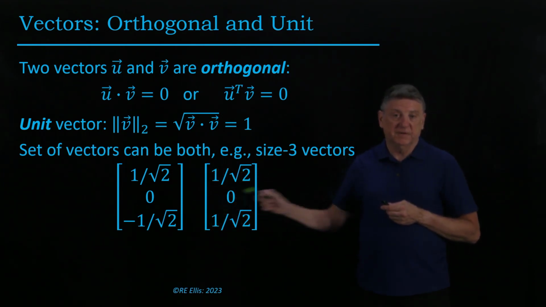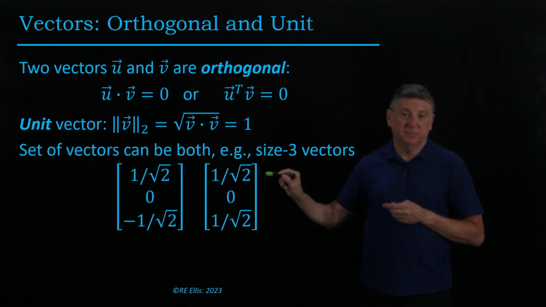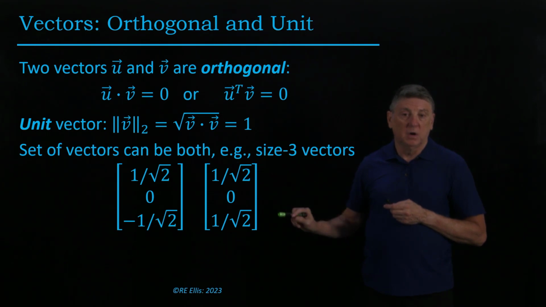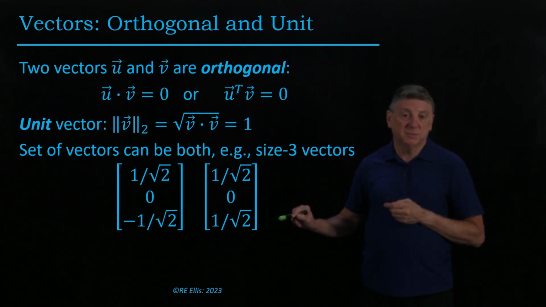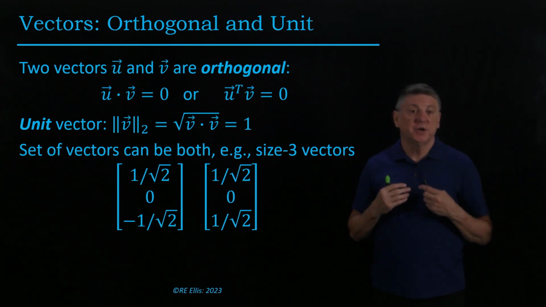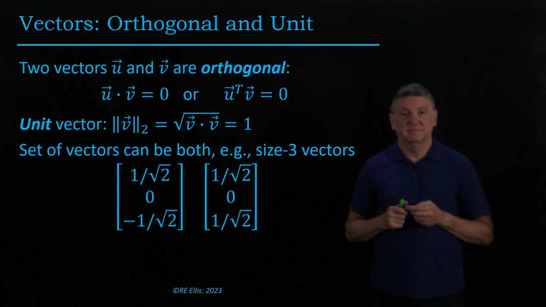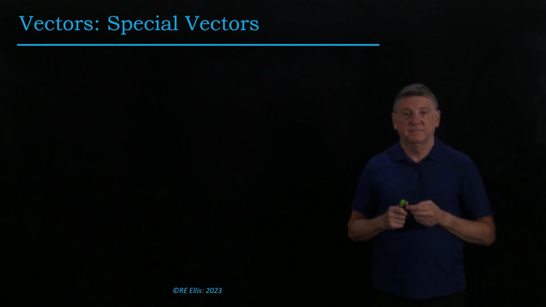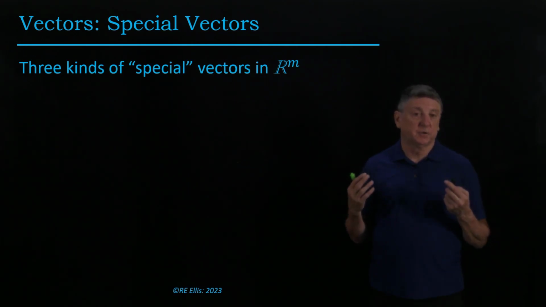Similarly, this is a unit vector, and with their dot product, the product of these entries is 1/2, 0, minus 1/2, so 1/2 plus 0 plus minus 1/2 is 0. That means that these are each unit magnitude and orthogonal vectors.